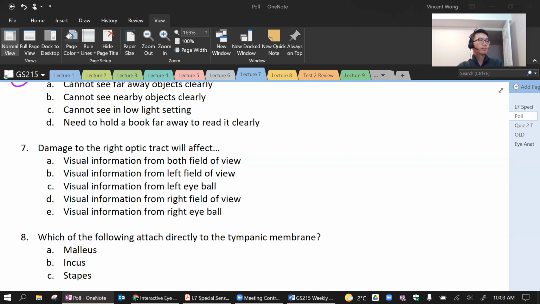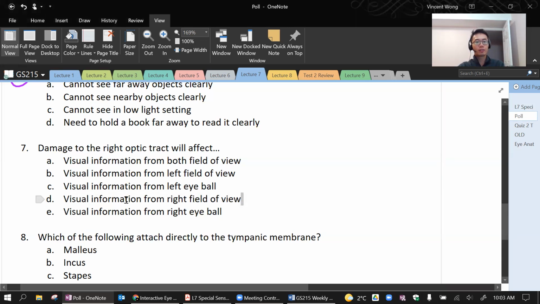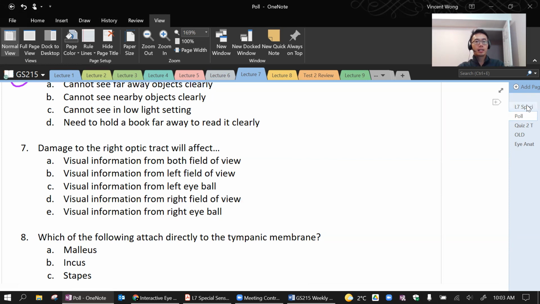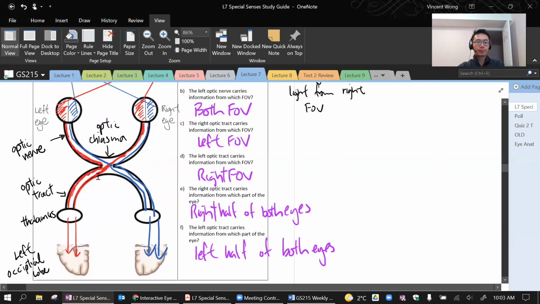All right. Almost all of you got it right. That is correct. D is not correct. Visual information from the right field of view is carried by the left optic tract. Again, you can just trace the color, and you should get the answer.